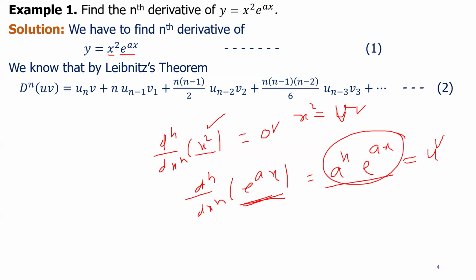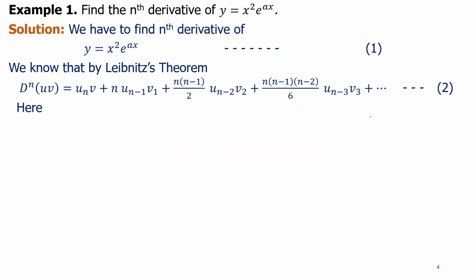If the function's nth derivative is not equal to 0, we consider that as u, and the other function will be v. If the nth derivatives of both functions are not equal to 0, then we are free to choose any function as u, and the other function will be v.